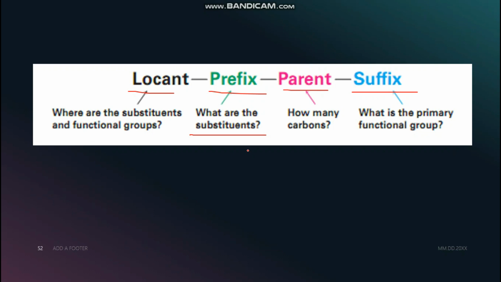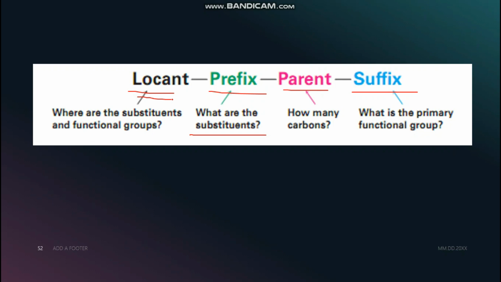The parent selects the main part of the molecule and tells how many carbon atoms are in that part. And the locant gives the positions of the functional groups and the substituents.